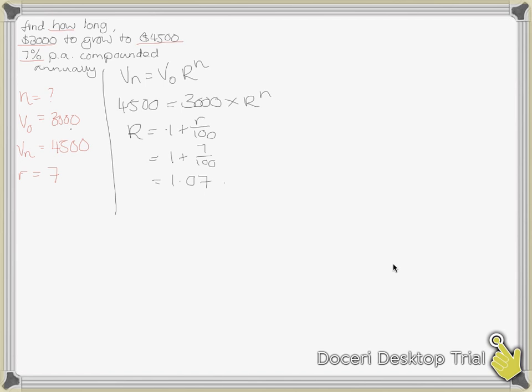So we can keep going up. So 4500 equals 3,000 times 1.07 to the power of n. Now this starts off alright, so we did the same thing as we did before, so we're going to divide by 3,000 first, so we can reduce it on both sides.